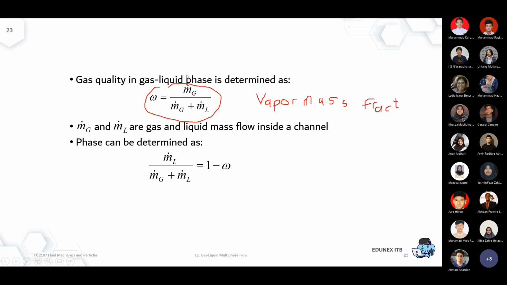This is the mass flow inside a channel: only the gas phase mass flow rate divided by the mass of the gas plus liquid, which means the overall mass flow rate. So after we know this correlation, we know the area occupied only by the gas and the area occupied by the liquid.